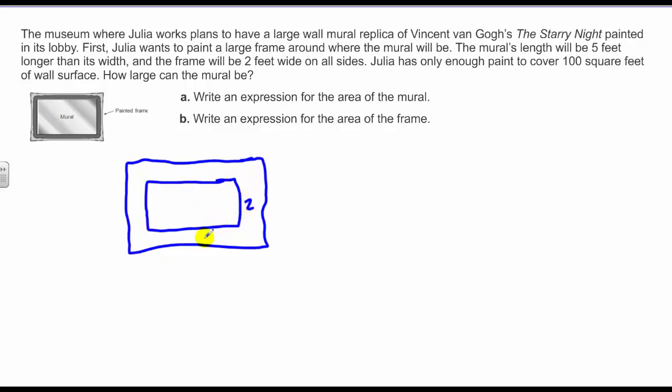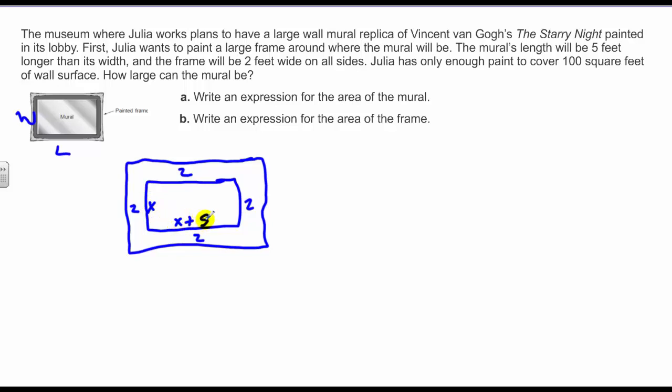In fact, it's going to be 2 feet on either side, so a rather big frame. Then it says the length is 5 more than the width. Let's call this the width and call this the length. But if we're going to write an expression for this, we want to use one variable. So I'm going to call the width x because the length is being compared to the width. So call this x, and this is x plus 5.